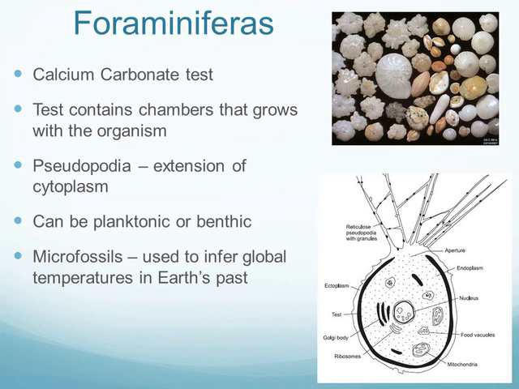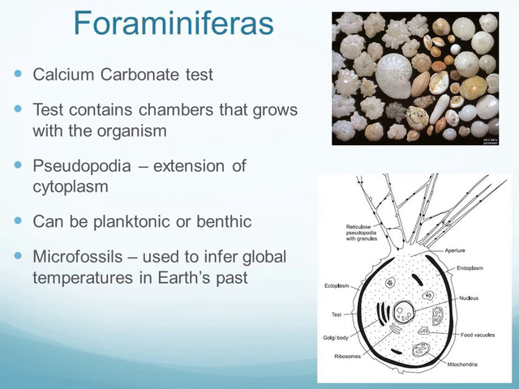Also, the calcium carbonate test, when it's formed, stores oxygen within its test. So when they find these shells, they test the chemical signature of the oxygen within the shell. If it's a particular isotope, then they know that the temperature was warmer or colder than it normally would have been.